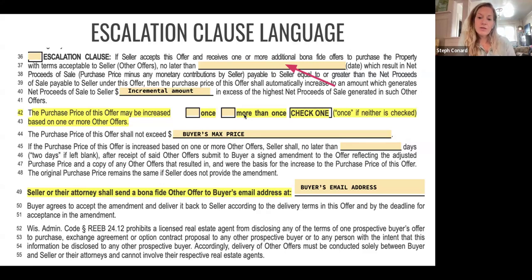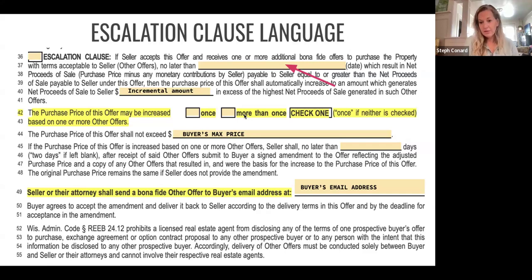So this is where you as the buyer's agent would include the buyer's email address. And again, this is to address and send the amendment or the evidence that the seller did receive another offer, and the seller needs to send that offer directly to the buyer.